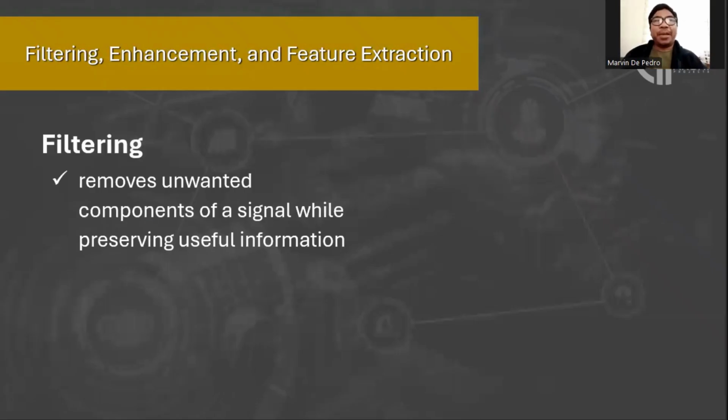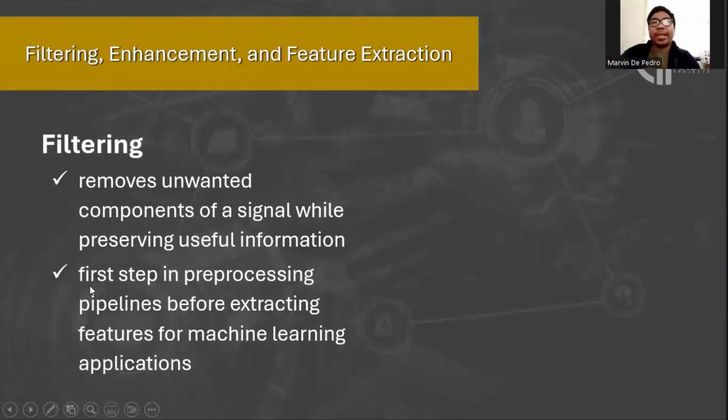But by doing so, we make sure that what we want remains. So we preserve whatever is useful. And this is actually the first step in pre-processing pipelines before extracting features for machine learning applications.